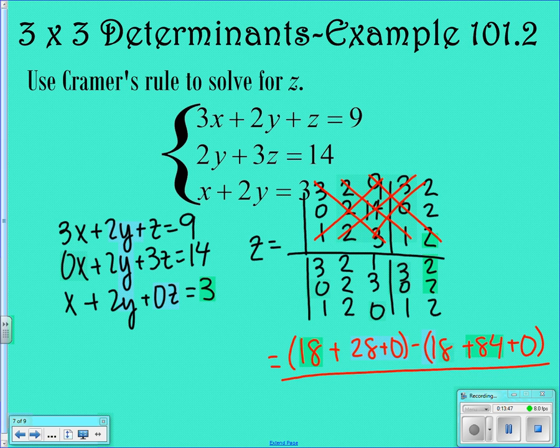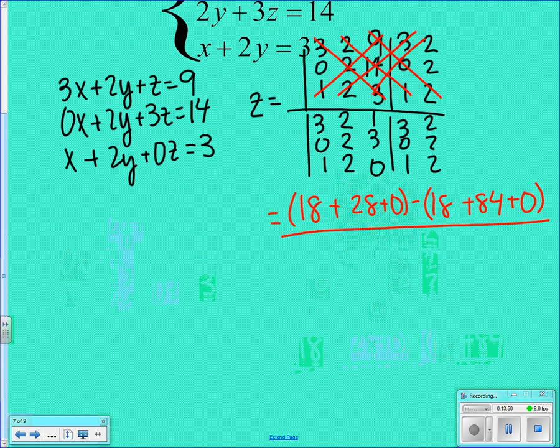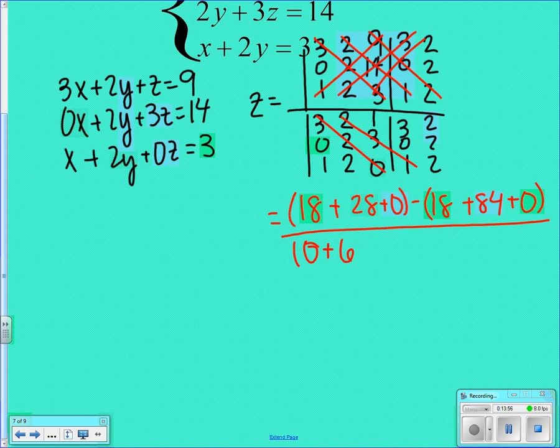And then in our denominator, we'll have 0 plus 6 plus 0, and then we'll have 2 plus 18 and plus 0 from these three.